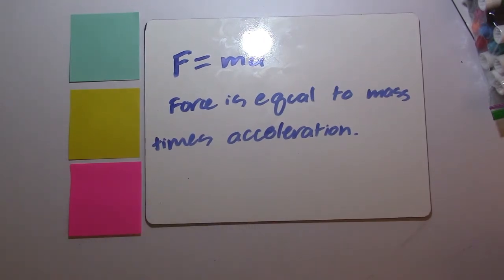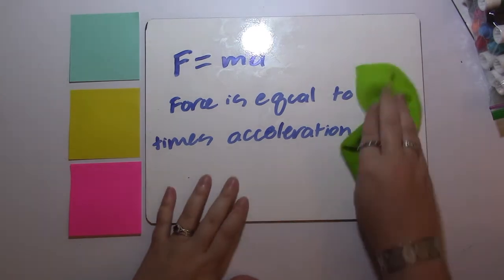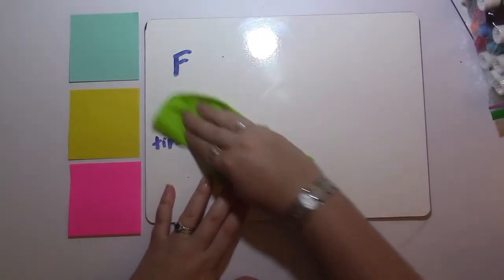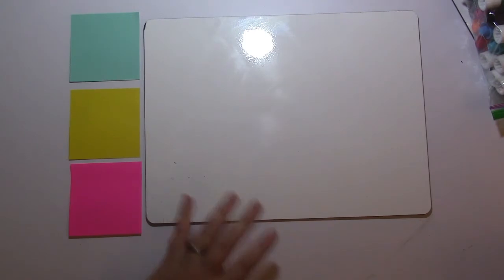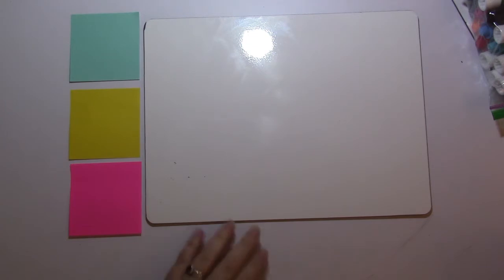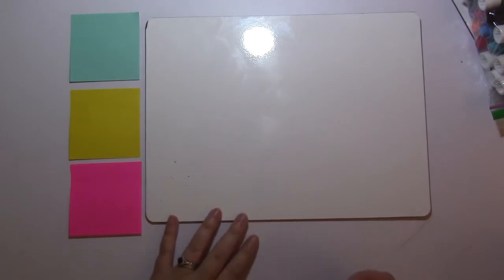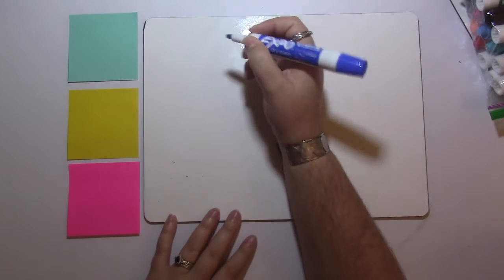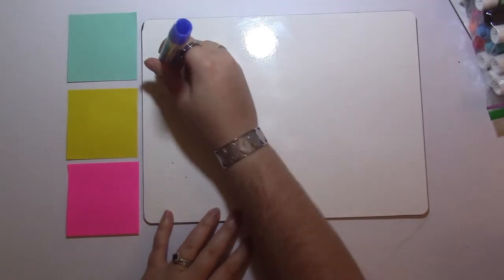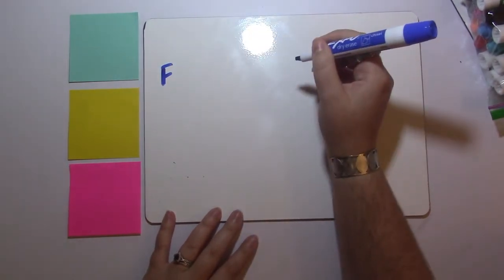The second thing we need to talk about is what to do depending on which value is missing. The way this equation works is that if we know two of those values, we can solve for the third. Let's say that we are solving for force. So we don't know what the force is.